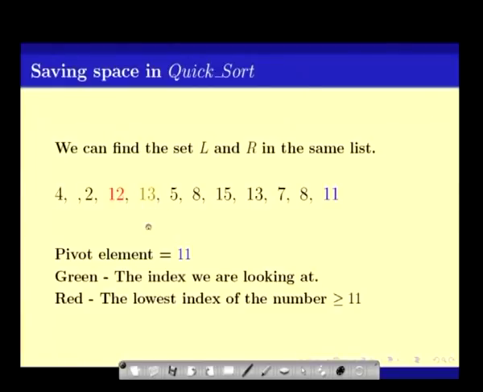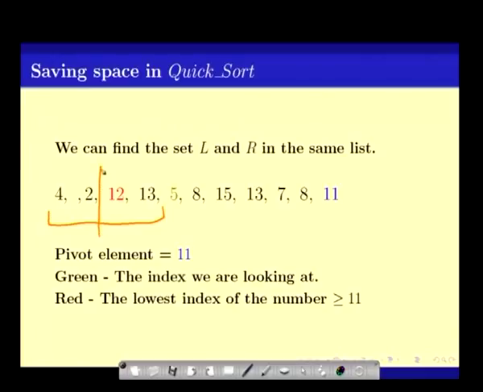Thus, we swap 2 and 12 and make 13 our next marker. Again we come to 13, and we find that 13 is good, no problem, because 13 is greater than 11 and does not have to be moved. Then we move to 5. One thing to note is that whatever the green marker is, anything on the left of the green marker has two proper divisions.